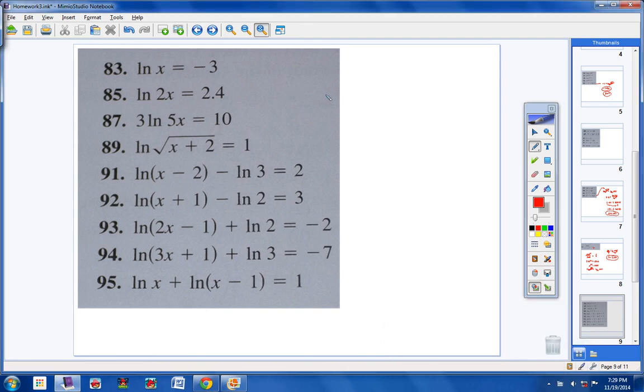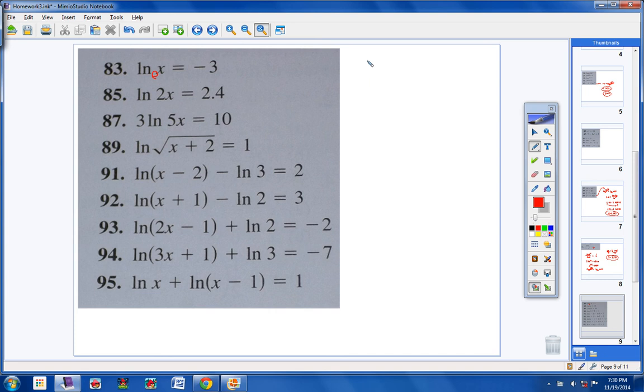Okay, let's solve some logarithmic equations. Remember, in these problems, you need to check your answers, okay? So here we go. Okay, the logarithm here is already isolated. Okay, so we're going to write the problem exponentially. So it'll look like this. There's a base e here, even though you can't see it.